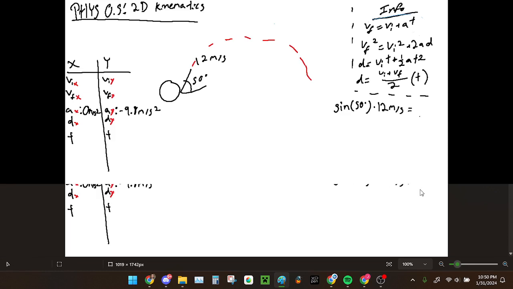This is why we need the calculator. Sine 50 times 12 meters per second, we get 9.1 meters per second for our initial velocity y component.